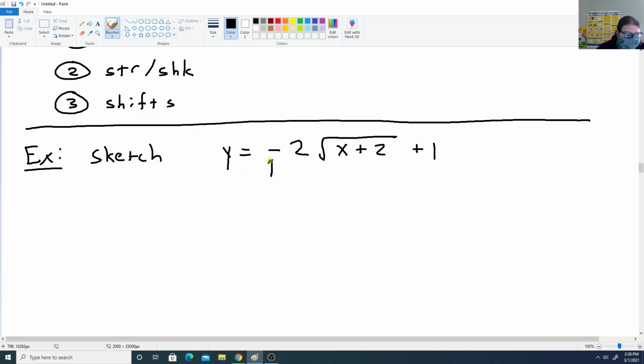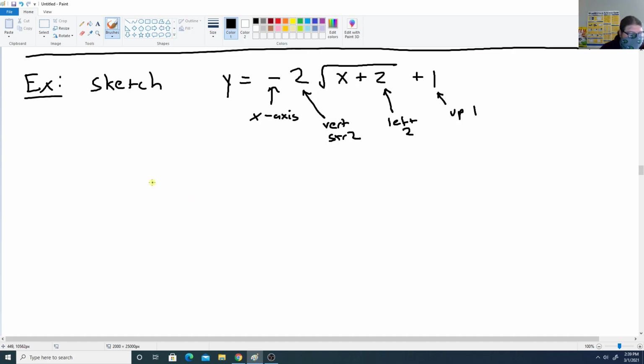The initial negative is going to do an x-axis reflection. The multiply by 2, that's outside of the square root, so that's vertical. Outside stuff works how we like it. It's a vertical stretch by 2. We add 2 underneath the square root. When you add 2 underneath the square root, that's going to move you to the left 2 units. And then adding 1 outside. When you add outside, this works the way you'd like it to. This is going to move your graph up 1.